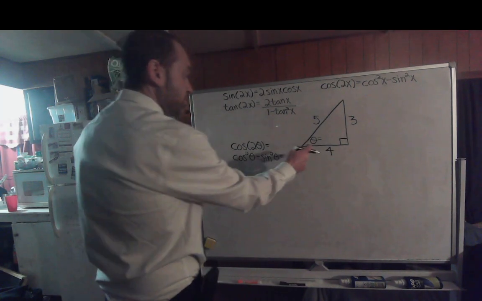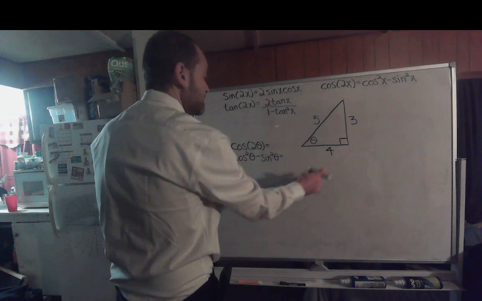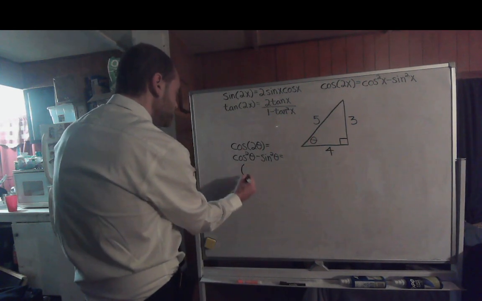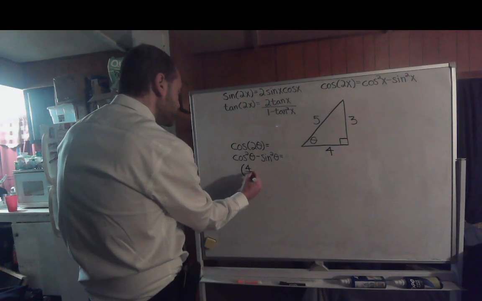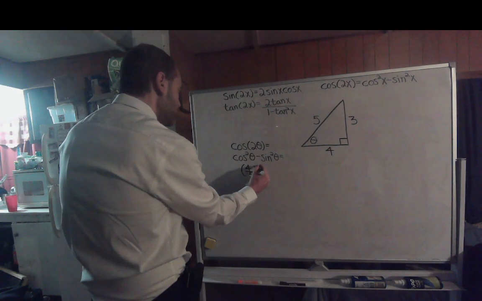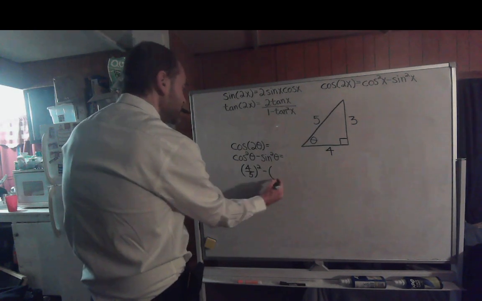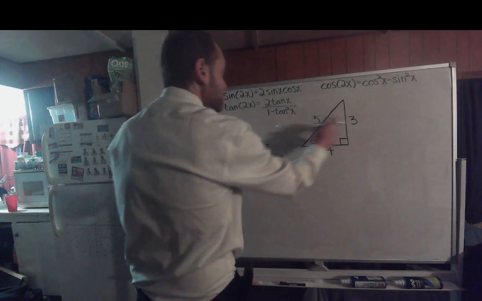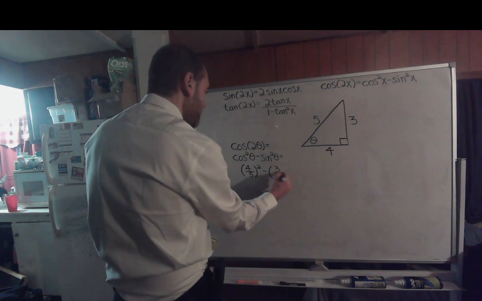So what is the cosine of theta in this case? That would be 4 over 5. So you would take 4 over 5, square that, minus, alright, so what is the sine of theta? That's 3/5. You're going to square that.